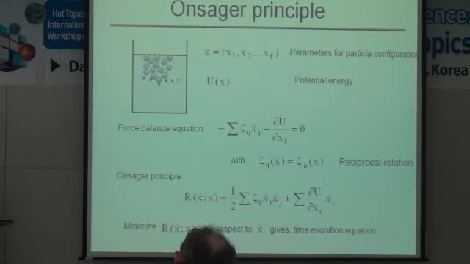These fast variables, the fluid molecules, are moving much faster than the particles. And so if you have this clear separation of variables, where one set changes very rapidly and the other changes very slowly, it can be shown using statistical mechanics that the time evolution equation generally has this form, and this friction constant theta_ij is symmetric.